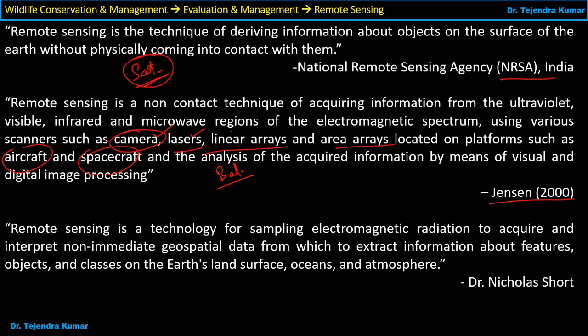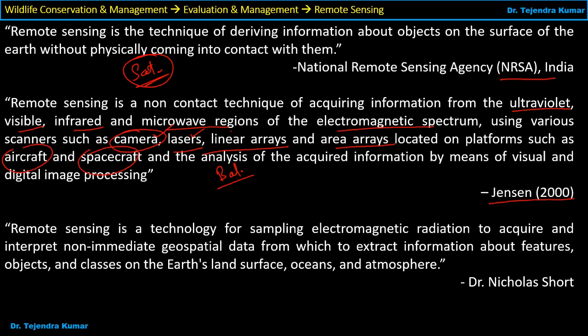And what are they sensing? They are sensing the ultraviolet, visible, infrared, microwave regions. All these are kinds of electromagnetic spectrums or waves that are sensed by them, and then they transmit them back to the earth, and we gather these from the receivers, process them, and see the actual image.